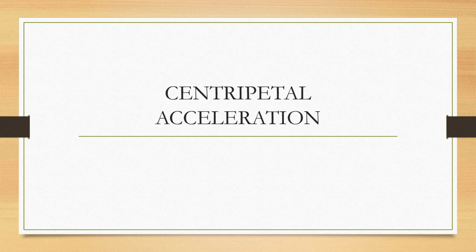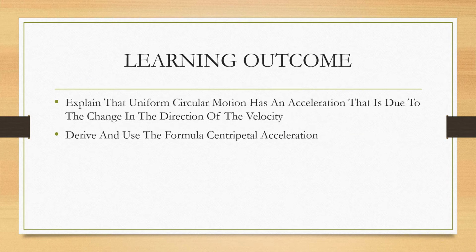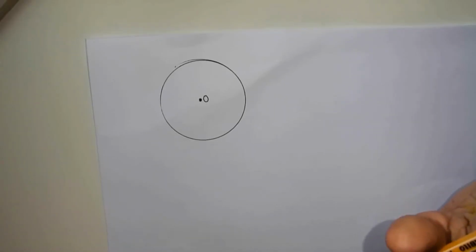It is a linear acceleration actually. The learning outcome from your syllabus for today's lesson is to explain that a uniform circular motion has an acceleration due to the change in the direction of the velocity, and to derive and use the formula for centripetal acceleration.